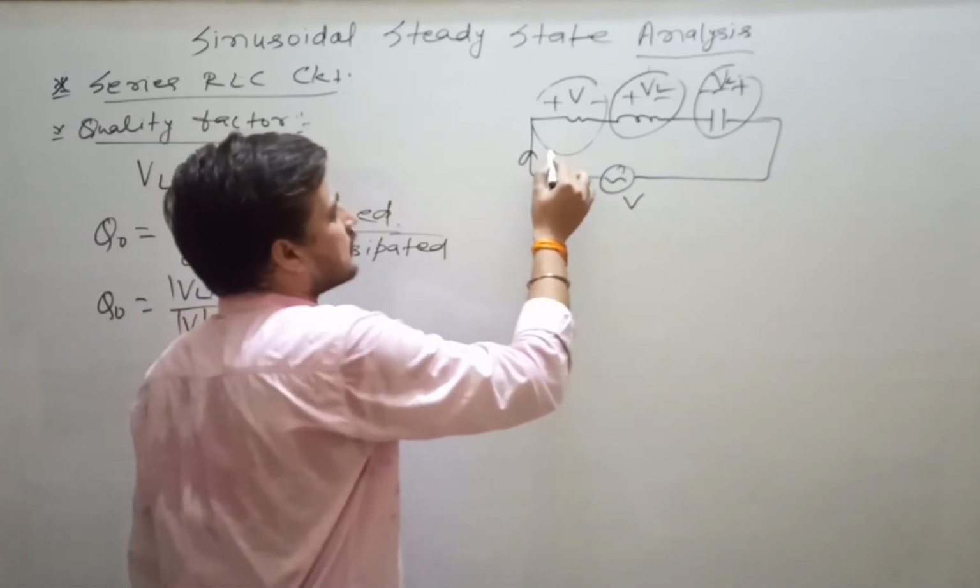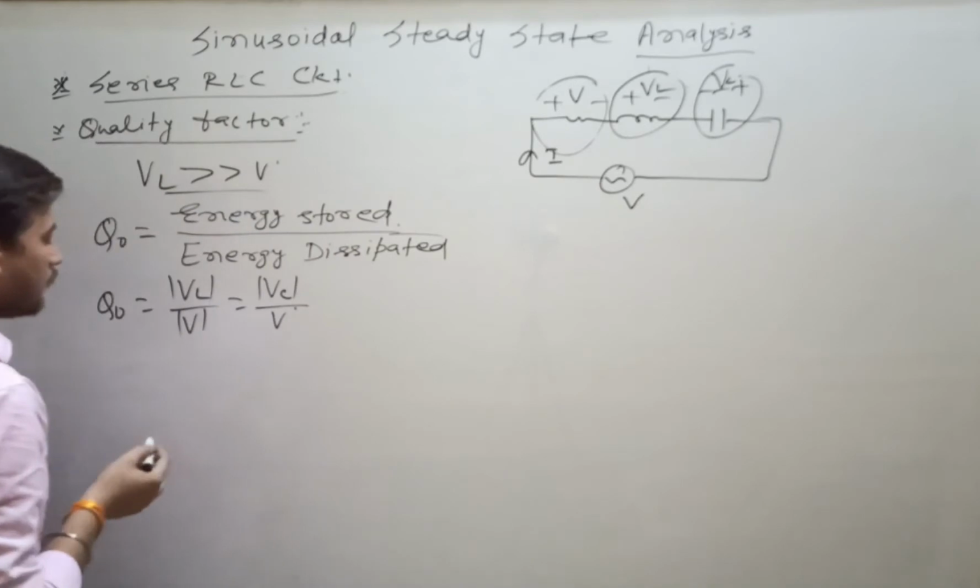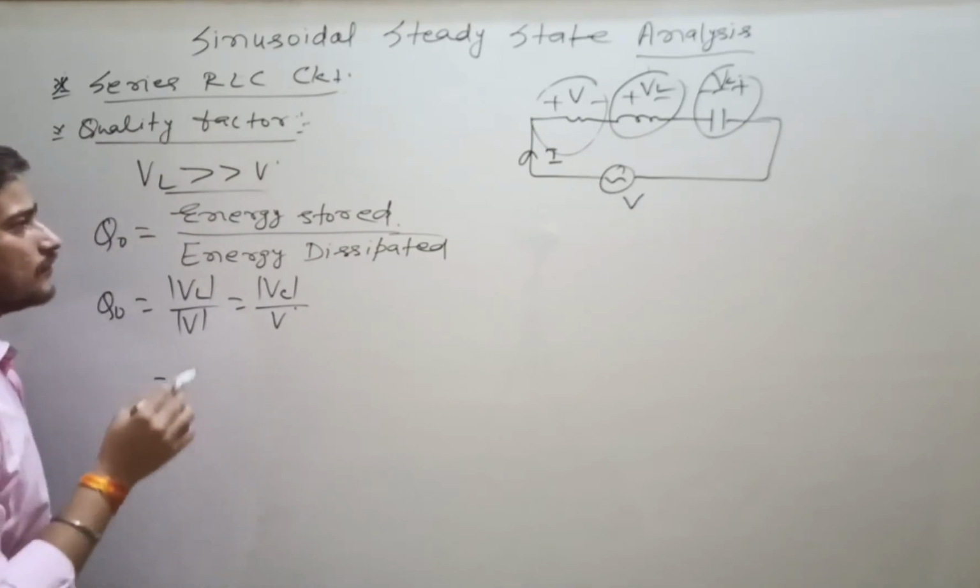This is current I. So what is the value of VL?